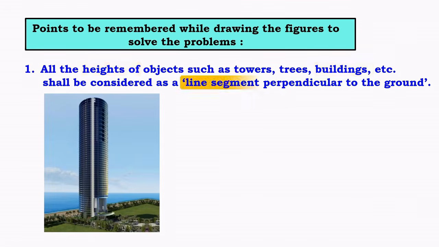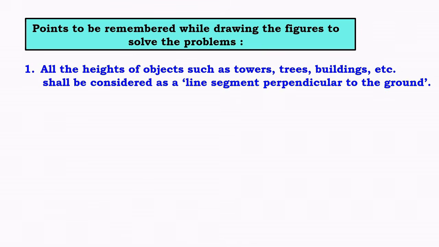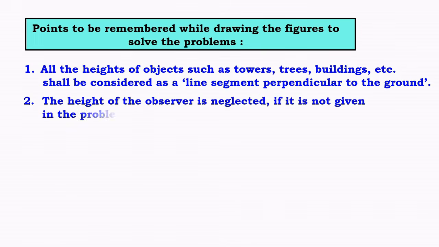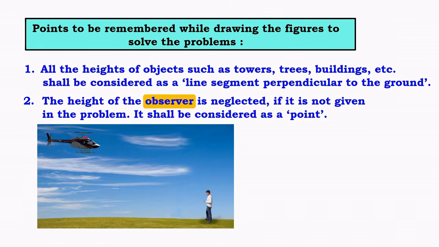Second point. If the height of the observer is not given in the problem, we simply neglect it. That means we consider the observer as a point on the ground or at the given position. For example, if a person is observing an object from the ground and the problem does not mention the person's height, we don't need to include the person's actual height in our calculation.